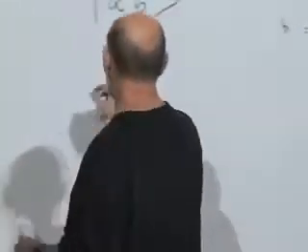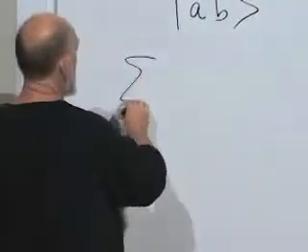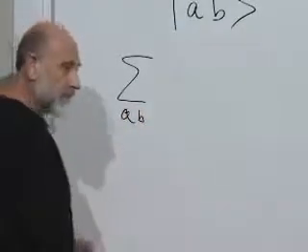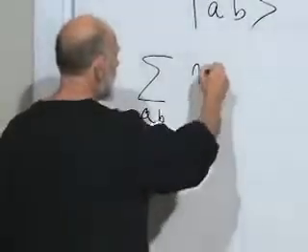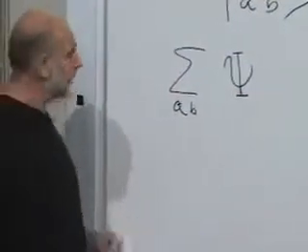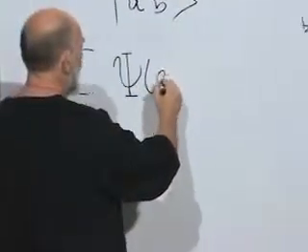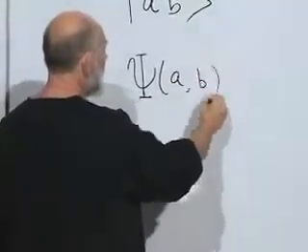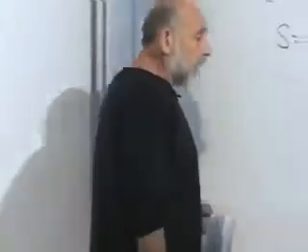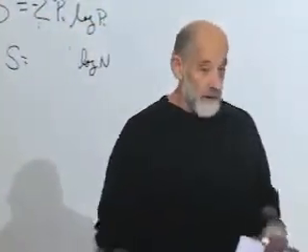Then the most general state of the combined system that we can write is a sum. We're going to sum over A and B of some set of coefficients called a wave function of A and B. Now, A and B are discrete, or at least for us now, A and B are discrete variables.